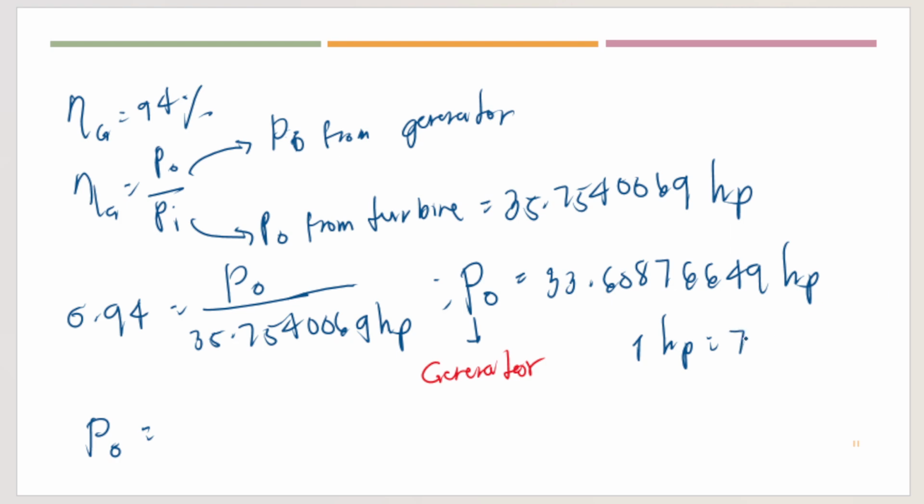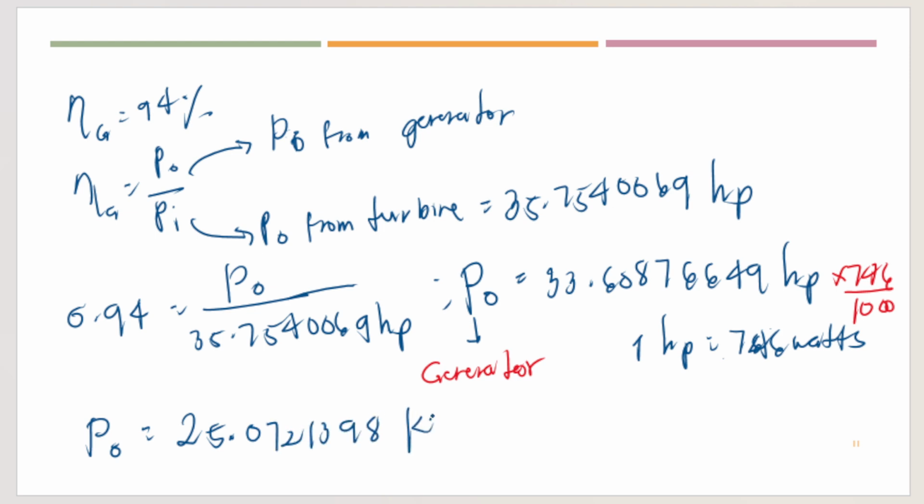So we multiply by 746, then divide by 1,000 to get kilowatts. So, our answer is 25.072138 kilowatts. This is the answer for this problem.